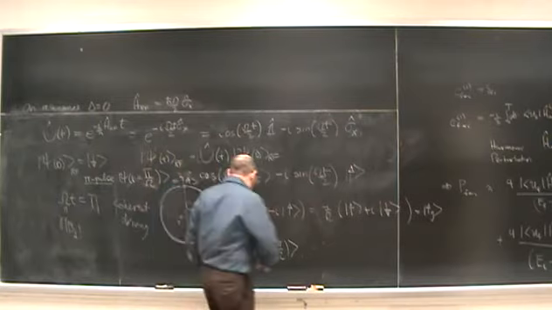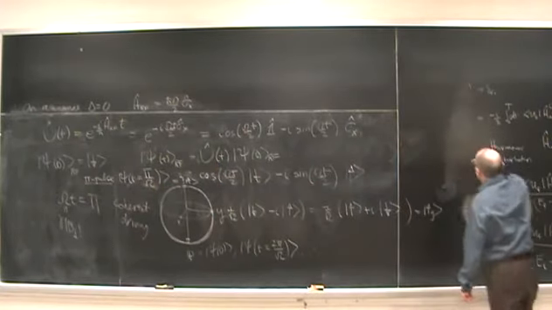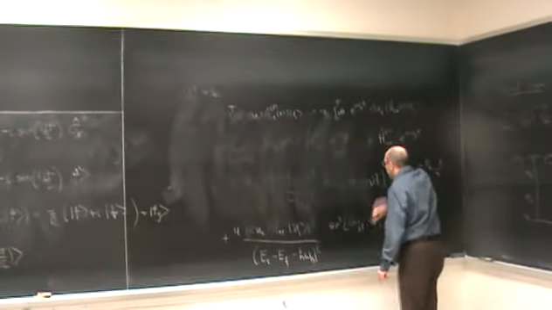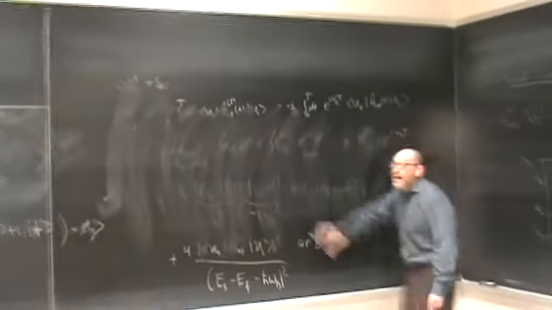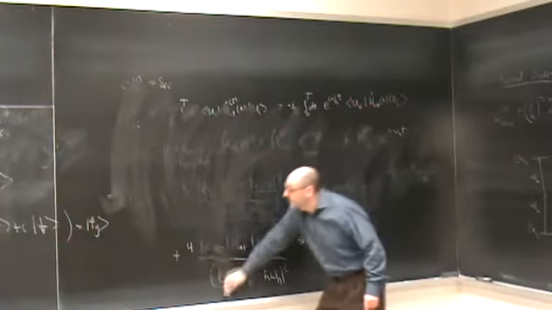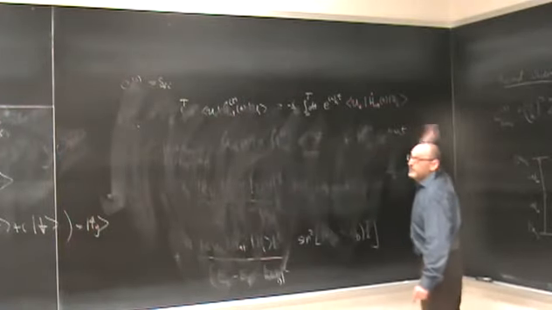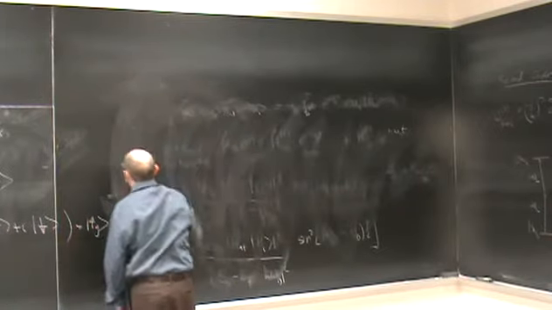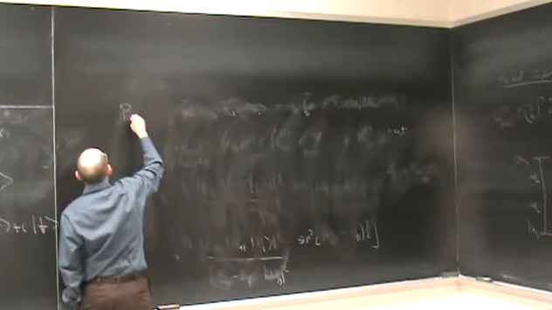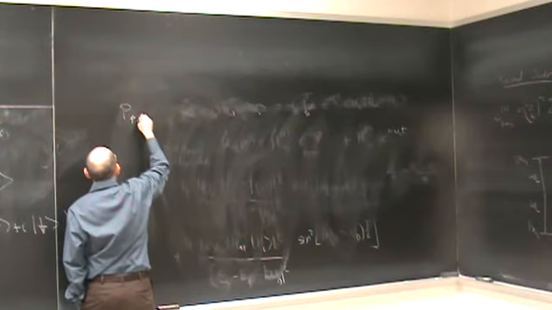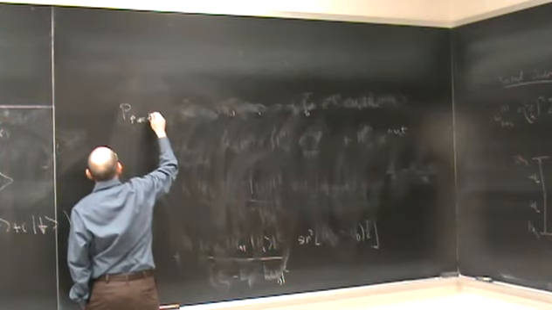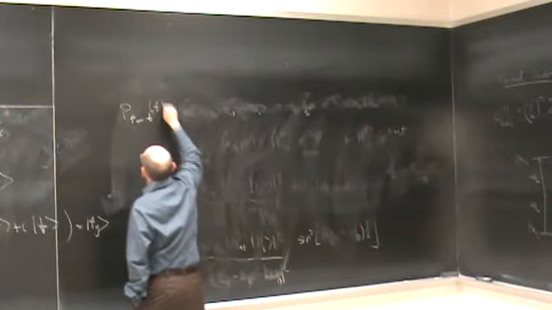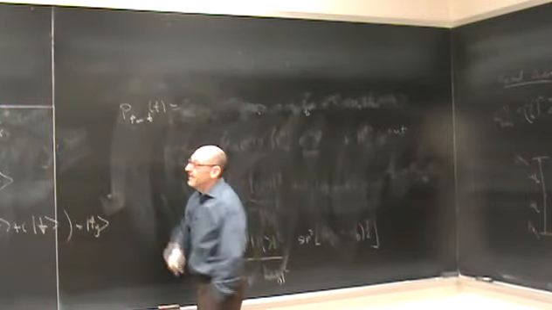And in this case, what we would see is that the population in the excited state oscillates. It oscillates at the Rabi frequency. So my transition probability, in this case, to go from down to up as a function of time, what is that?